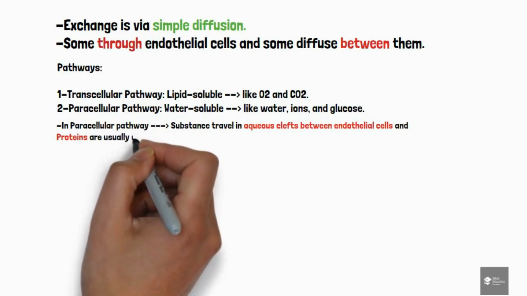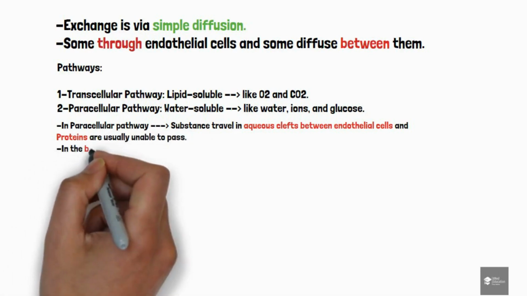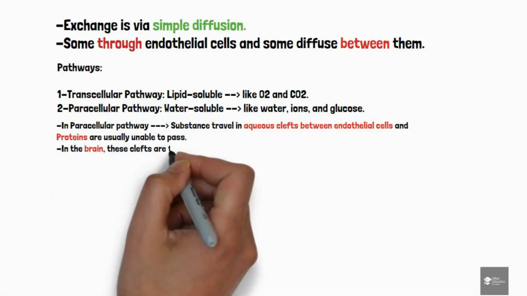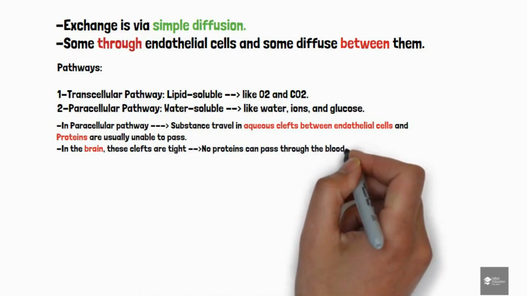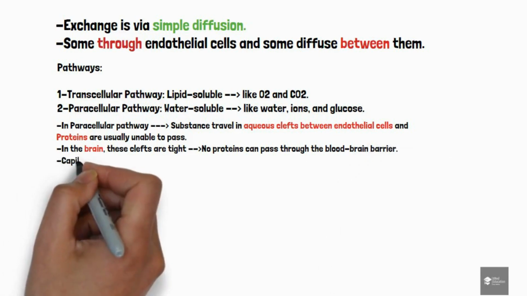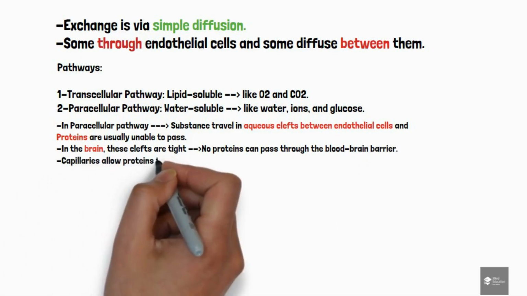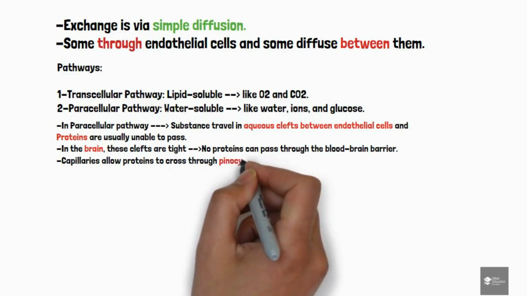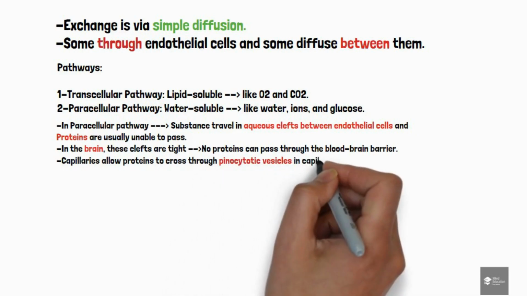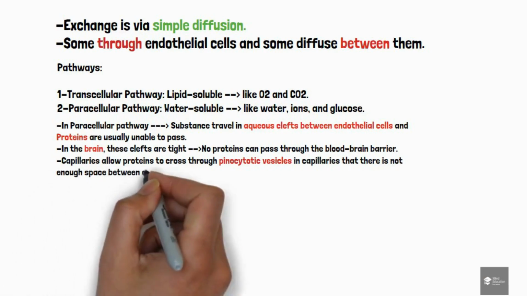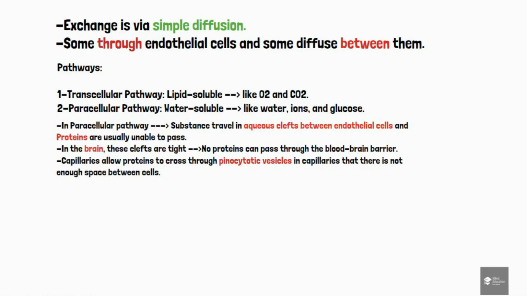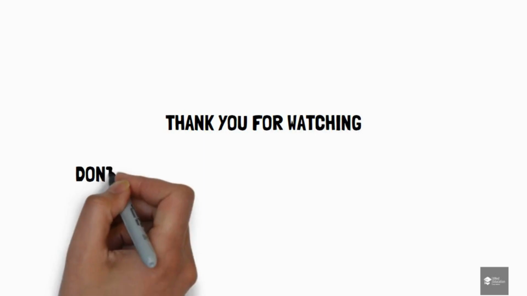In the paracellular pathway, substances travel in the aqueous cleft between the endothelial cells, and proteins are usually unable to pass. In the brain, these clefts are very tight, so no protein can pass through the blood-brain barrier because they need to have some security there. It's somewhere very specific. Capillaries allow protein to cross through pinocytotic vesicles, as you studied in your biology.